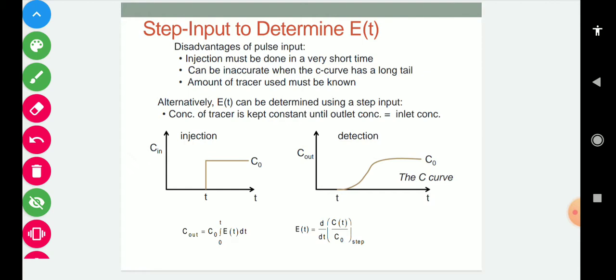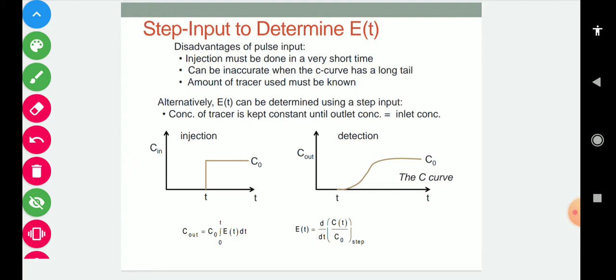As I told you earlier, for an ideal pulse, the thickness of the concentration curve is 0 and its height is infinite. Second is it can be inaccurate when the C curve has a long tail. And another disadvantage is the amount of tracer used must be known. So these are several disadvantages of pulse input.